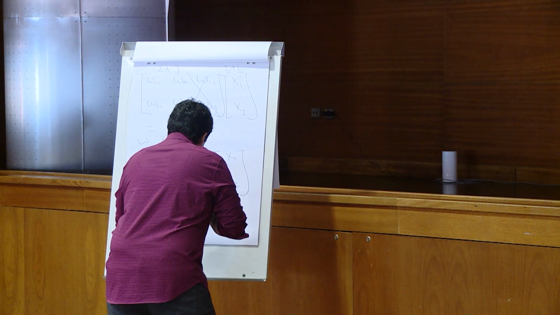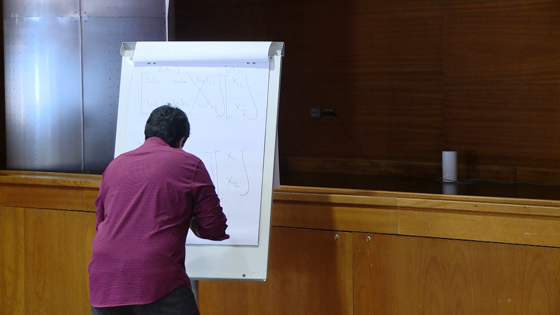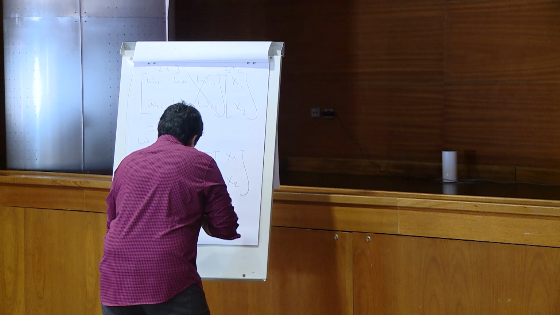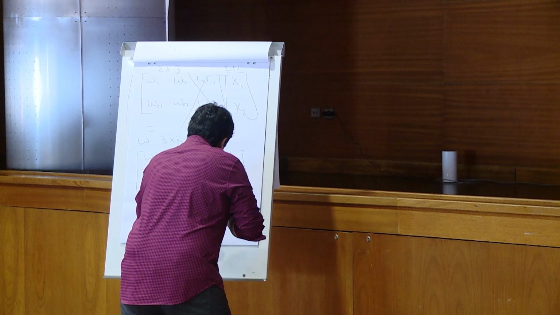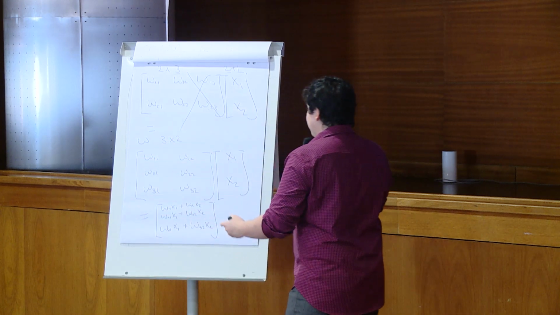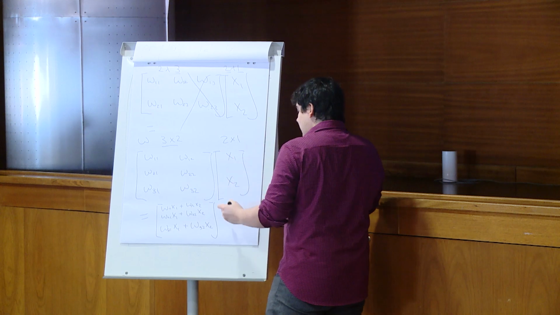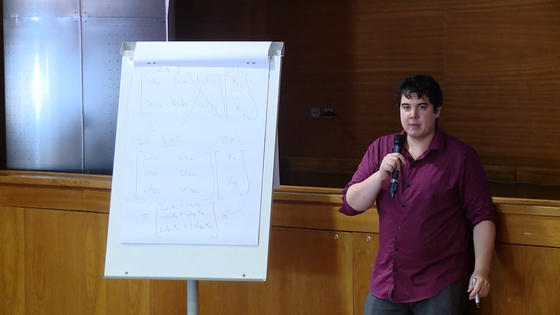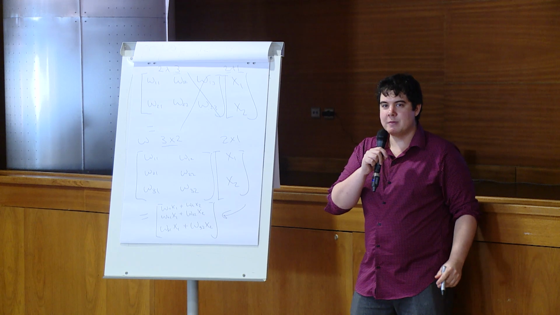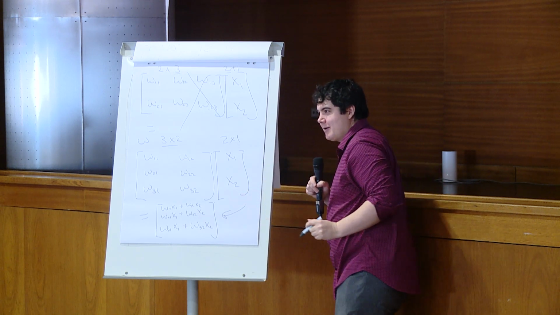But if you do this matrix vector multiplication, what do you get? Well, you take a 3 by 2 and a 2 by 1 object, and what size do you get out? 3 by 1.